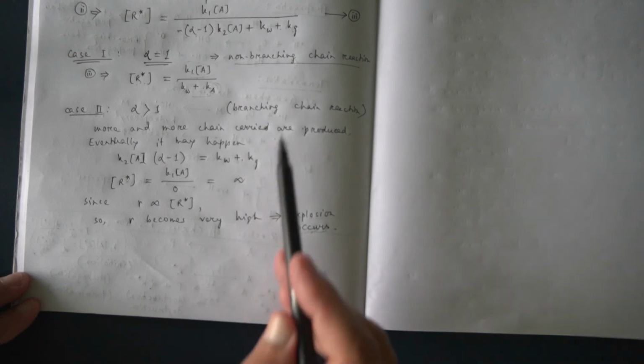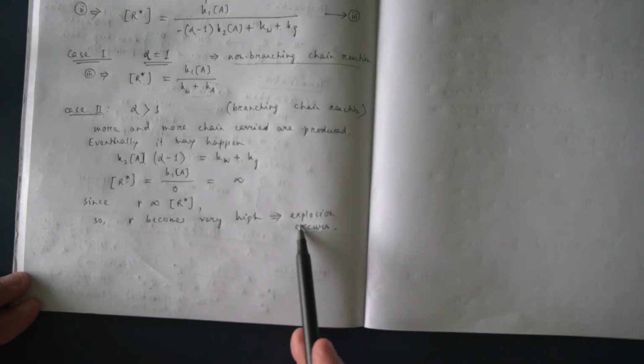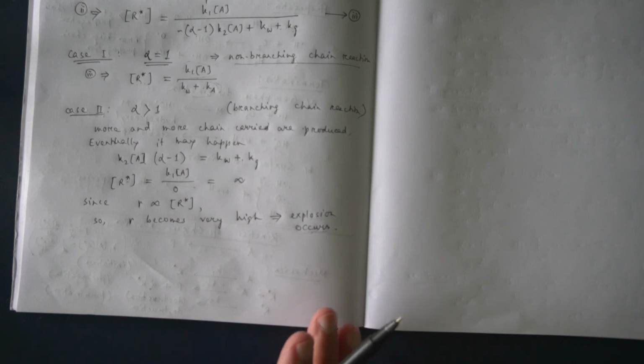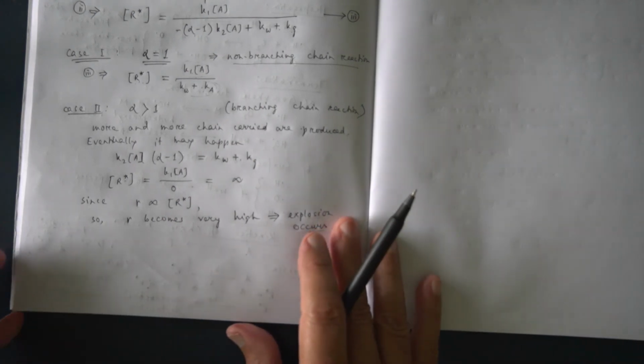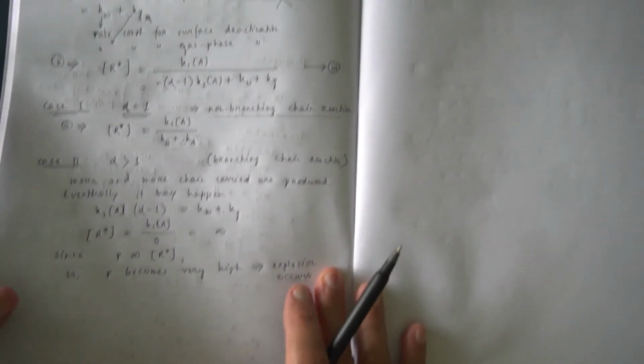So thus in branching chain reaction, explosion takes place. Okay. So basically this is all about chain reaction. We have discussed chain reaction.